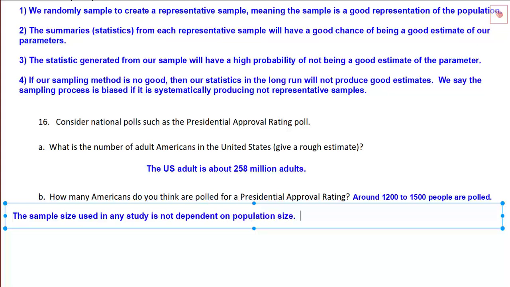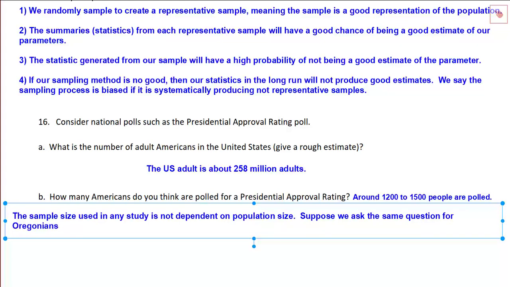Okay. Suppose we ask the same question for Oregonians. How's the president doing? We would sample the same amount, 1,200 to 1,500.